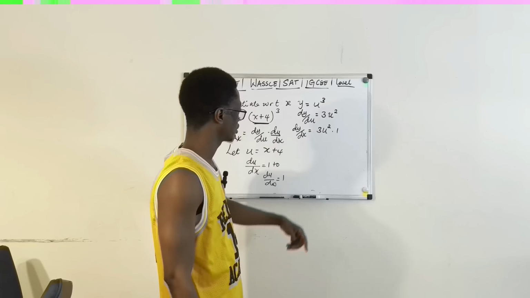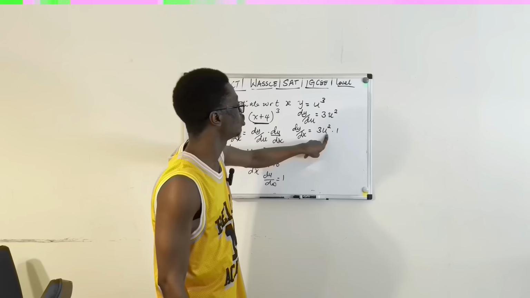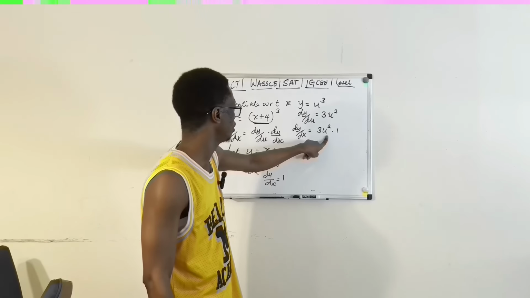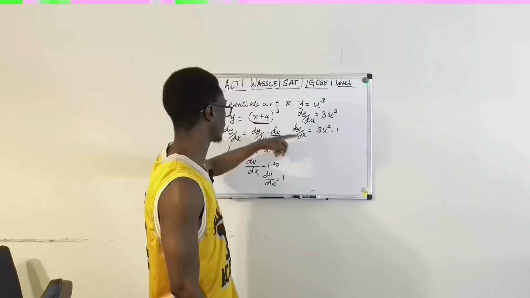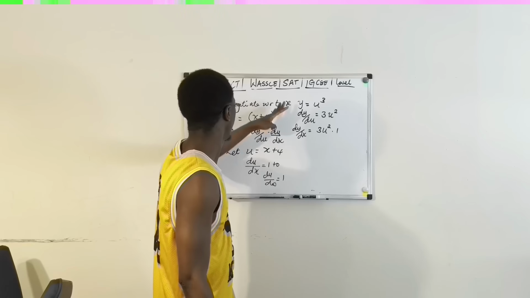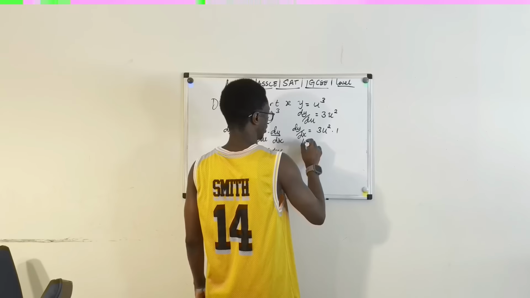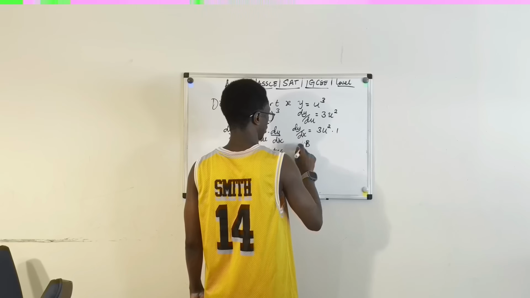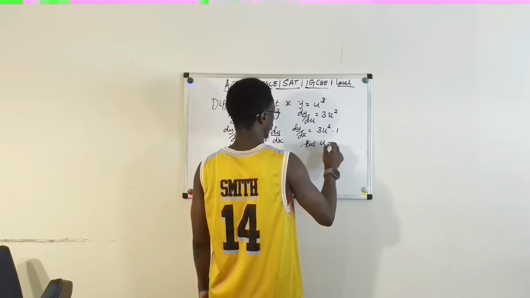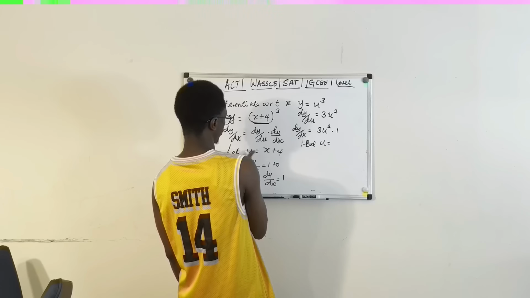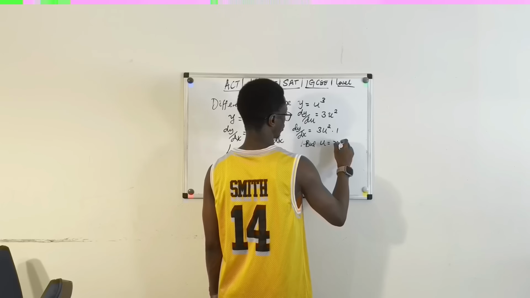Okay? But we don't need this u here. What do we need? We need x because we are differentiating y with respect to x. But u, which we let to be what? What was u? x plus 4.